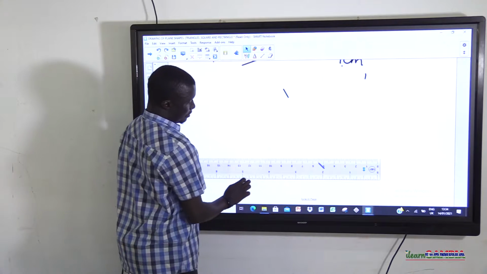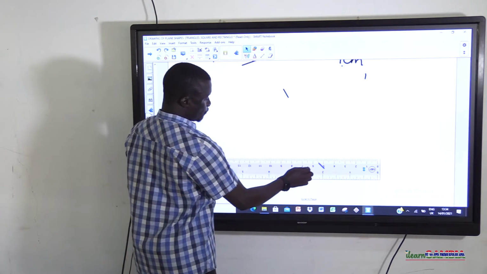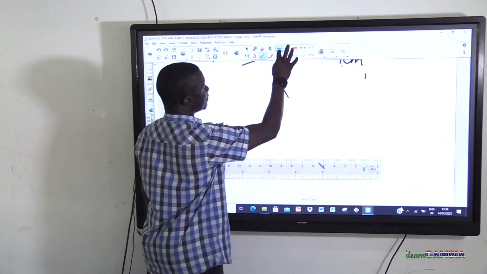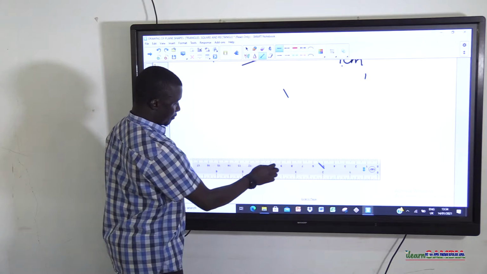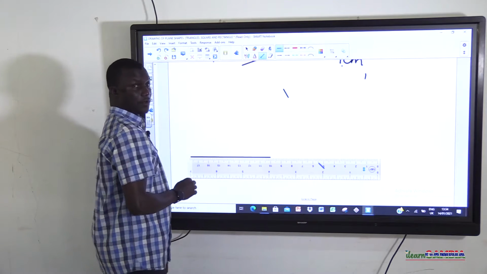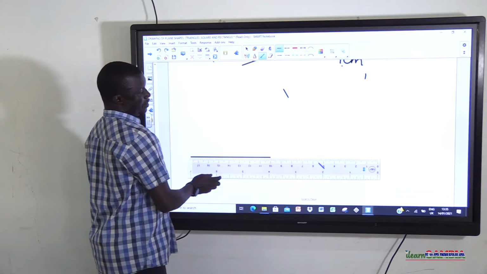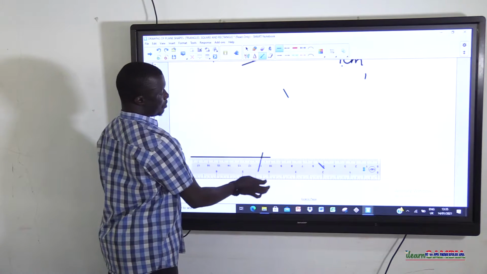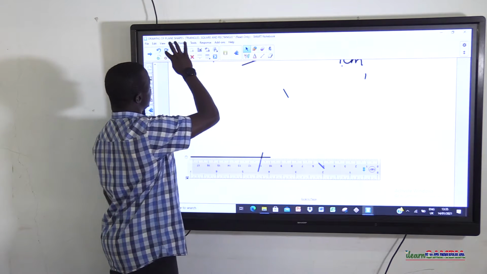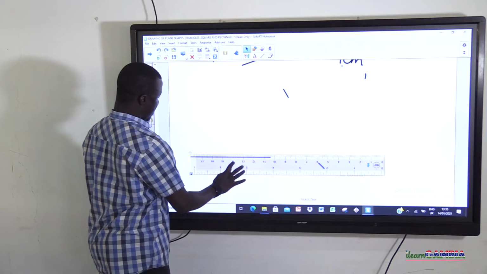Let's say this is 7 centimeters. One of the sides is 7 centimeters. And you can draw another side also.